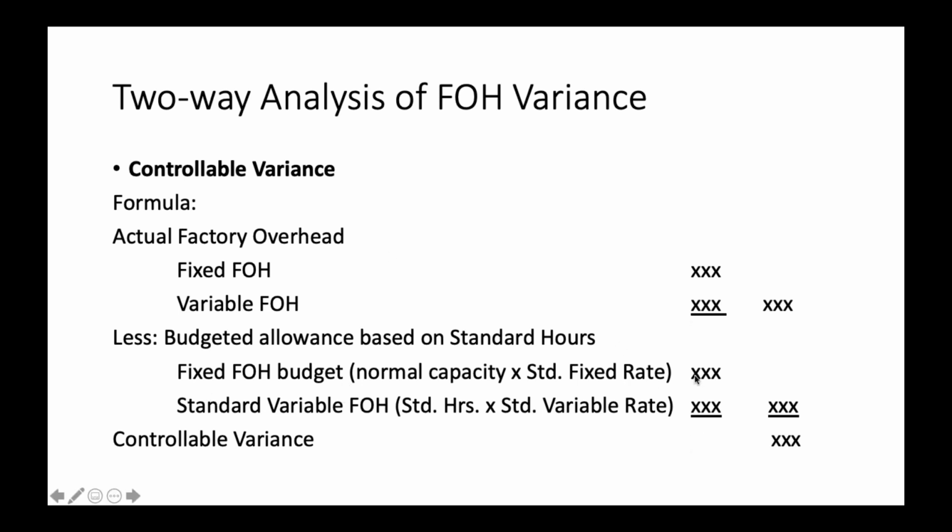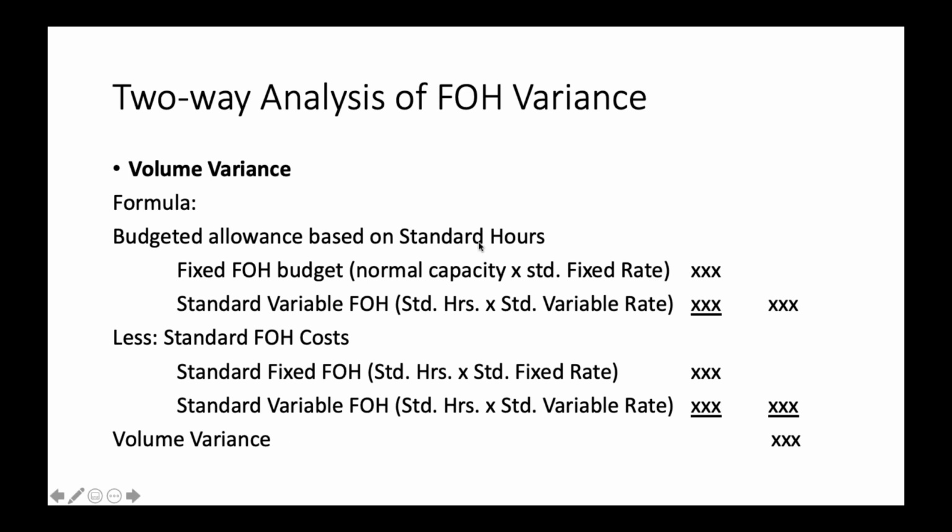Okay, so just add the two budgeted allowances, and we will get controllable variance. For volume variance, get the total that we have computed on BASH, less the standard factory overhead cost.